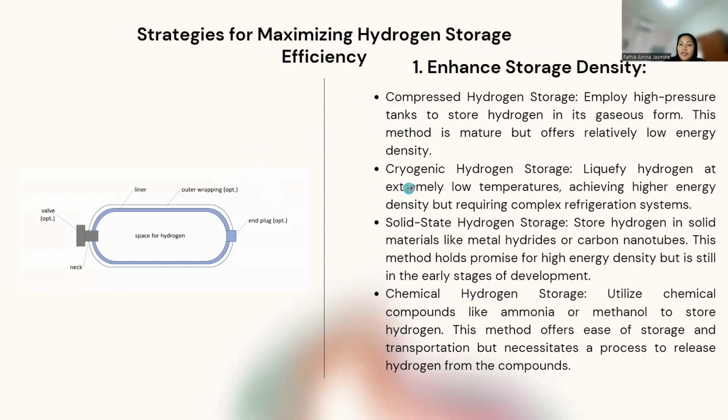And then cryogenic hydrogen storage, liquefying hydrogen at extremely low temperatures, achieving higher energy density but requiring complex refrigeration systems. And then solid-state hydrogen storage, storing hydrogen in solid materials like metal hydrides or carbon nanotubes. And then the last, chemical hydrogen storage, utilizing chemical compounds like ammonia or methanol to store hydrogen.